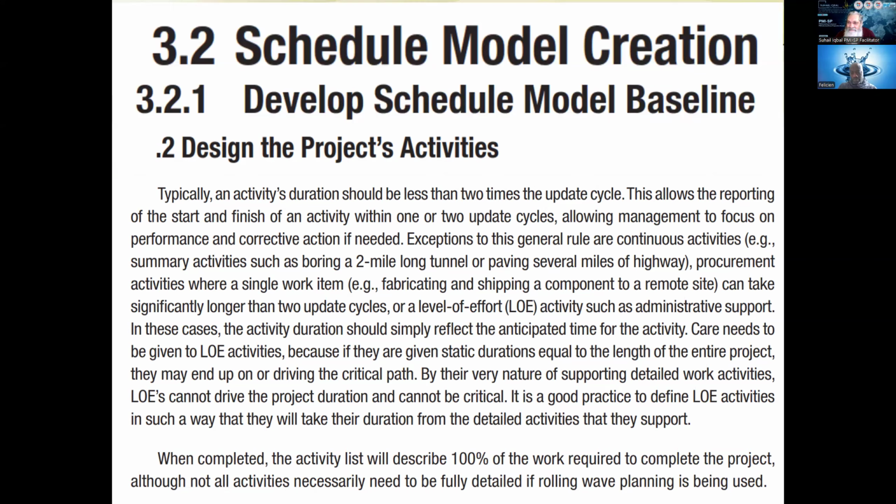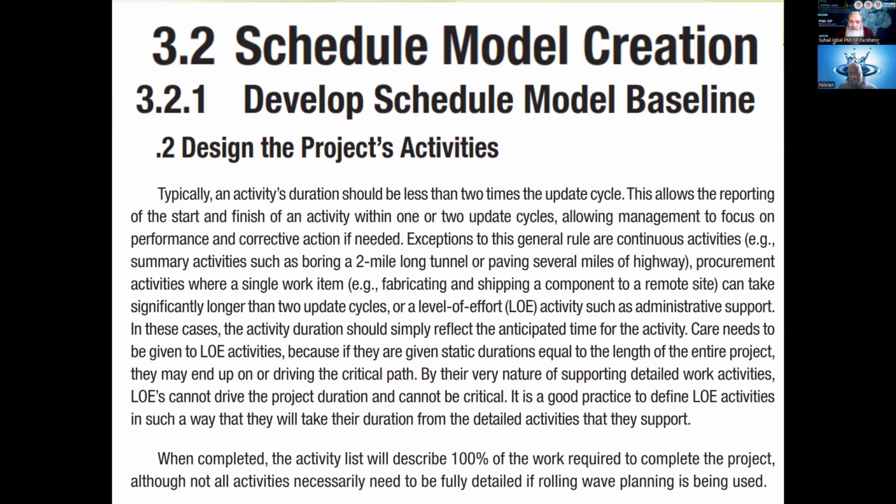That is a key. You break down your activities to that level that at the end of an update, you should be able to give some progress. If all activities are bigger than the update cycle, are bigger than 1 week, then what are you going to report at the end of first update cycle? Nothing.